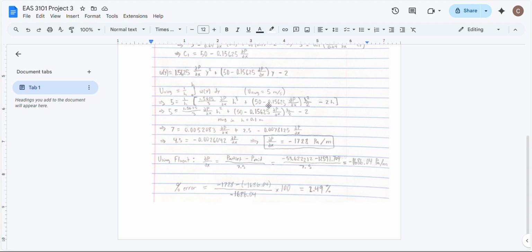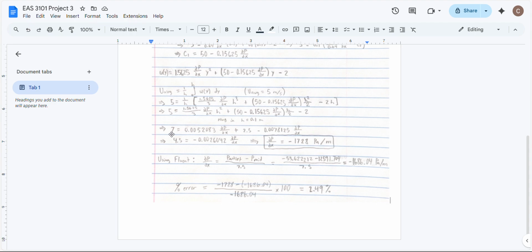Now dividing each of these terms by h, we're left with 5 equals 1.5625 over 3 dP/dx h squared plus 50 minus 0.15625 dP/dx multiplied by h over 2 minus 2. And from here we can plug in our h, which is 0.1 meters. Adding 2 to this side, we have 7 equals 0.0052083 dP/dx plus 2.5 minus 0.0078125 dP/dx.